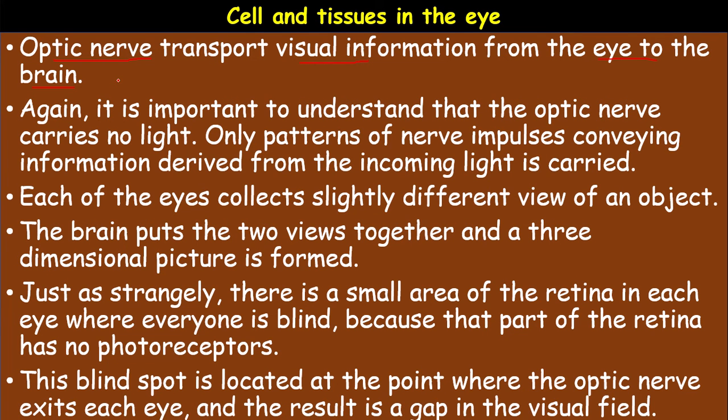This blind spot is located at the point where the optic nerve exits each eye. So, what is the blind spot, children? The blind spot is the place where there are no photoreceptors. It is located at the point where the optic nerve exits each eye, meaning comes out from each eye, and the result is a gap in the visual field.